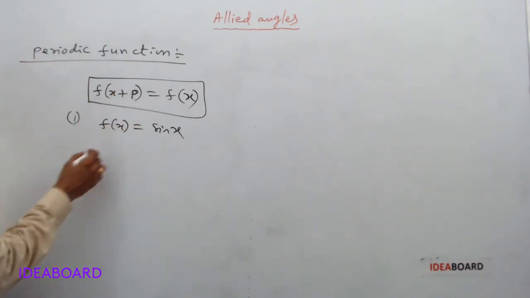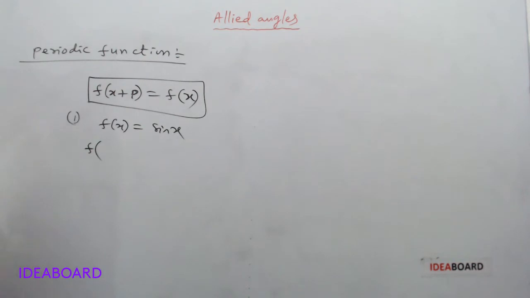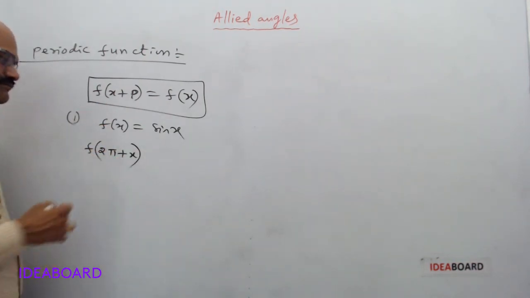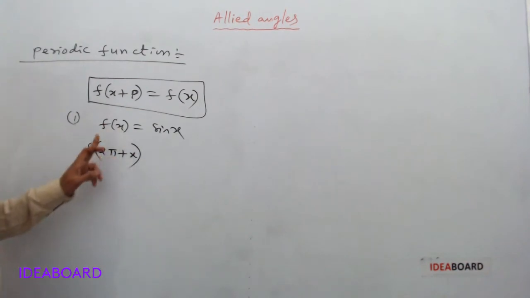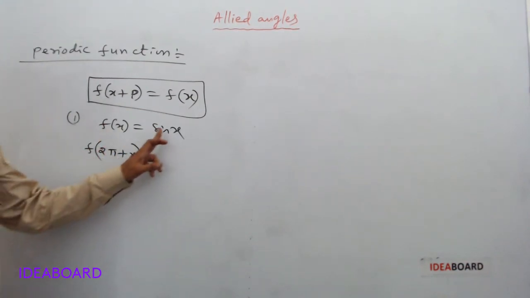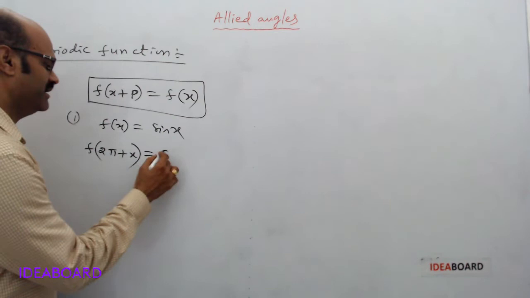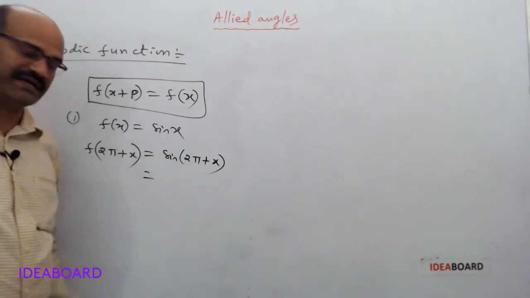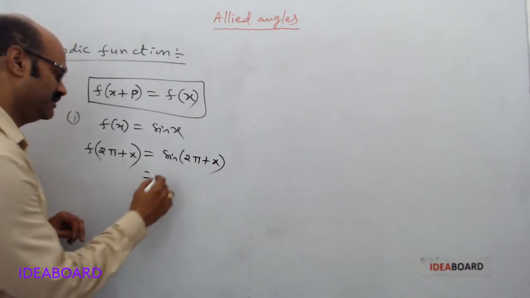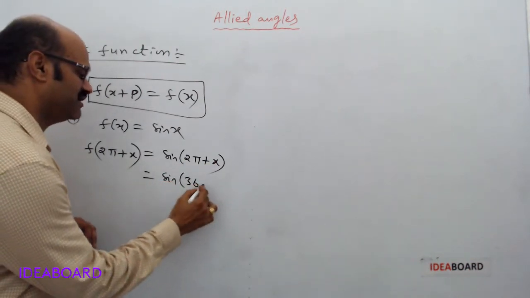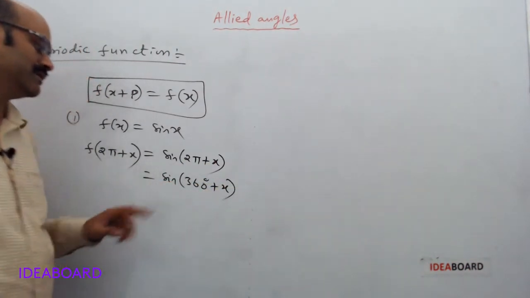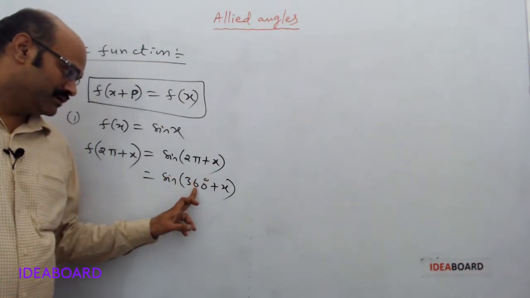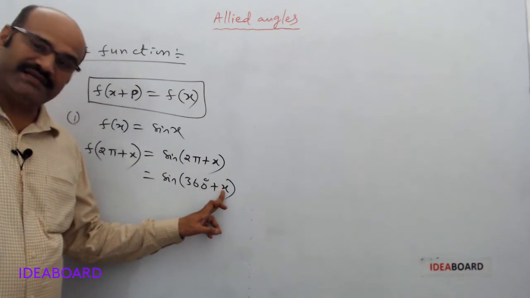Now take f of 2 pi plus x. In the place of x you write 2 pi plus x, equal to sine of 2 pi plus x. We know that sine of 360 plus x lies in the first quadrant.